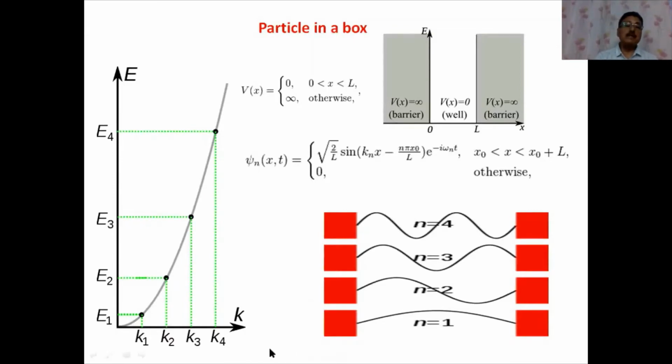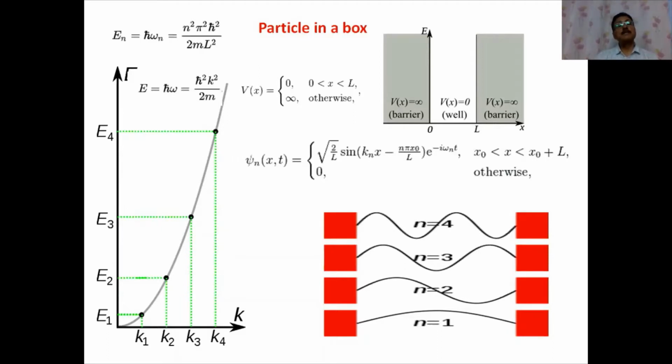The dots are pointing out the discrete energy values that we get as a solution for the particle in the box. The particle will have only these values of energy which are given by the dots. Here is the expression for E versus k, and here is the expression for E versus n. On normalization, we can get this. So this is the solution of the particle in a box.